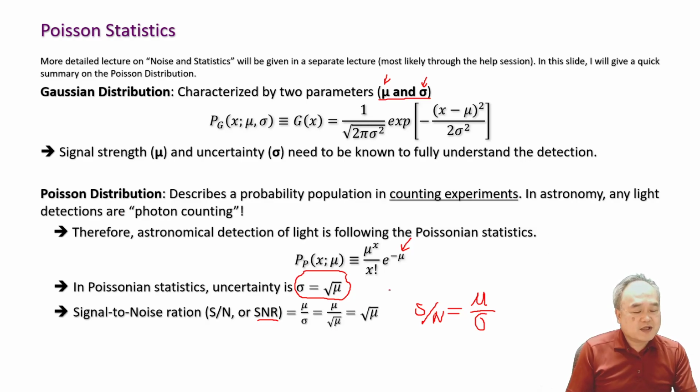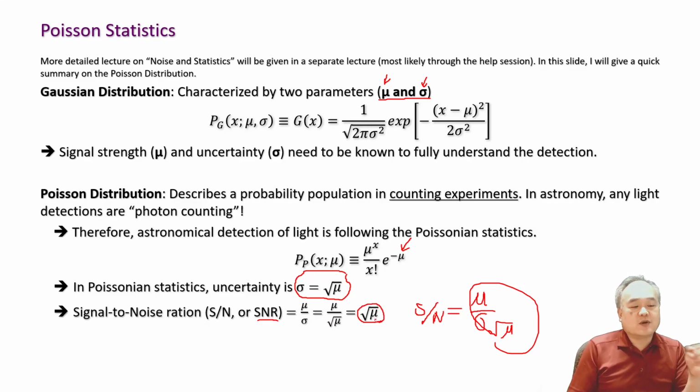For the Poissonian distribution, that sigma becomes the square root of mu. So this whole thing is mu over the square root of mu, and the signal to noise ratio is again the square root of the average value.